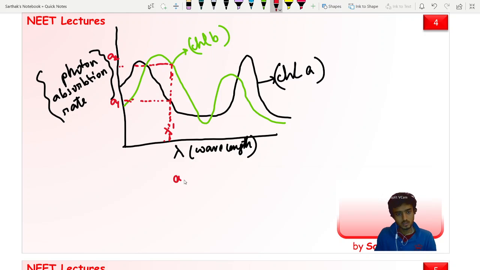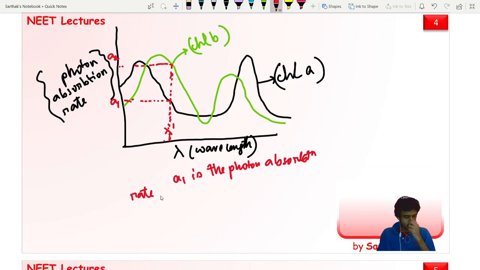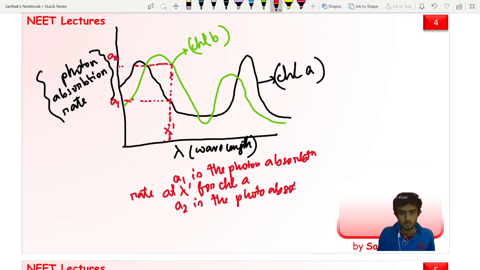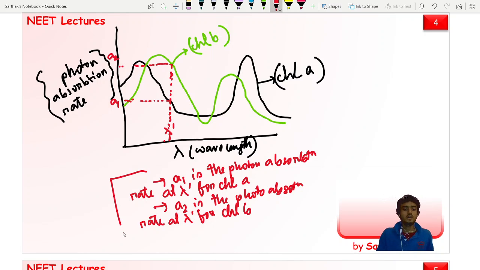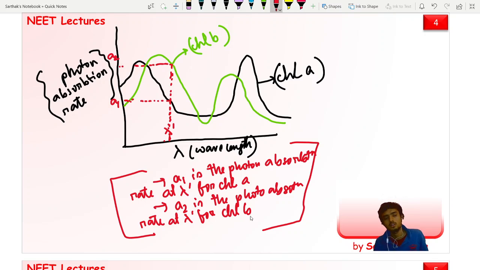So this A1 is the photon absorption rate at lambda dash for chlorophyll A, and A2 is the photon absorption rate at lambda dash for chlorophyll B. So we have understood that for a particular wavelength there will be different photon absorption for different types of pigment.